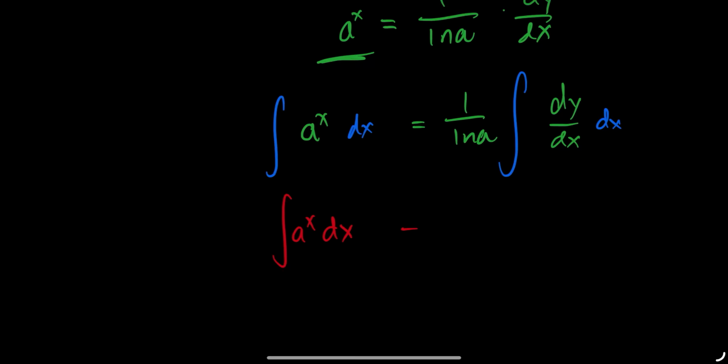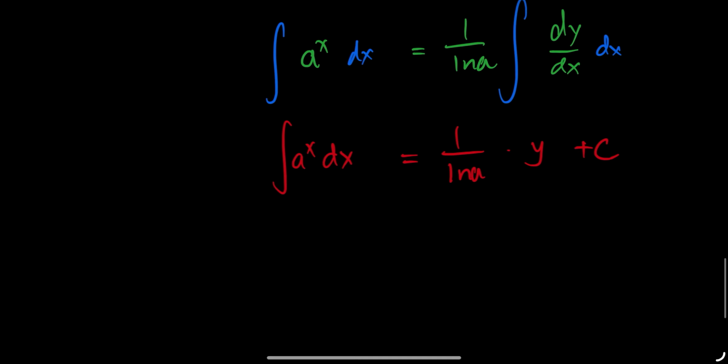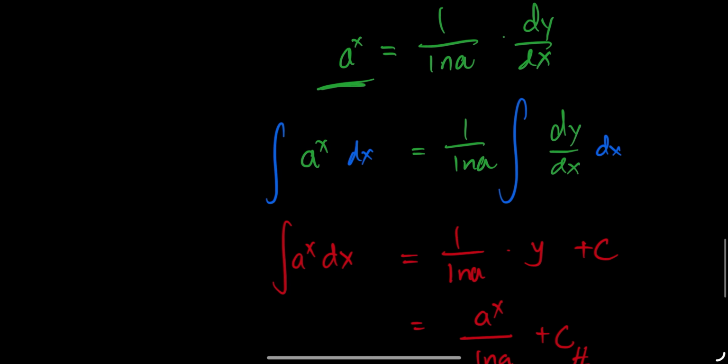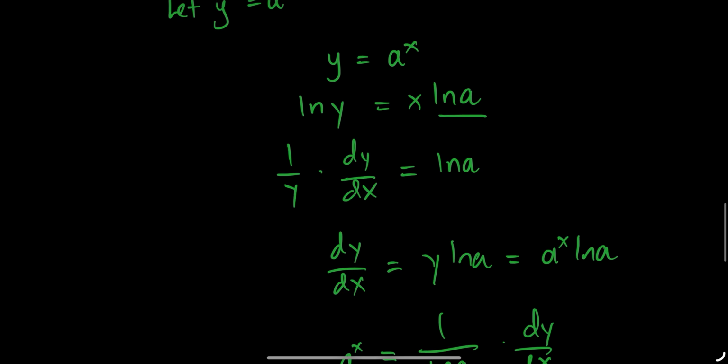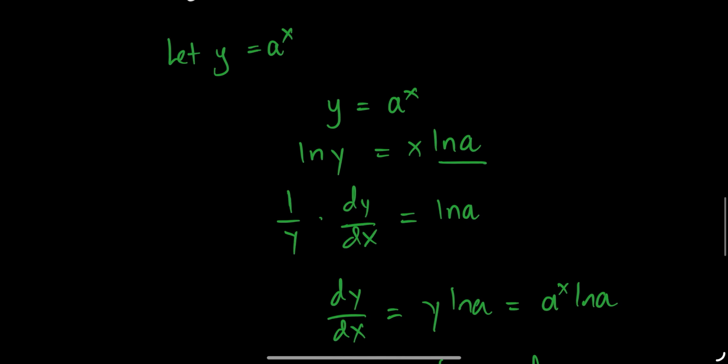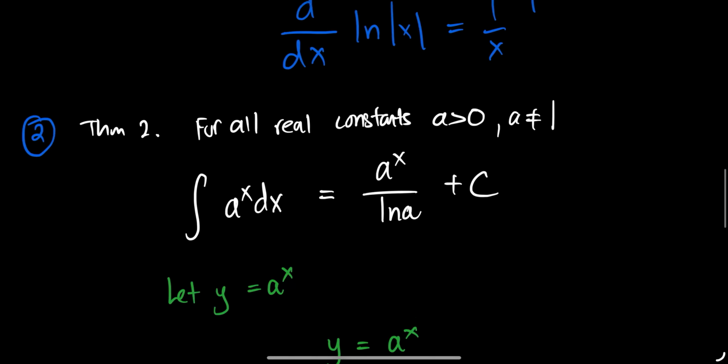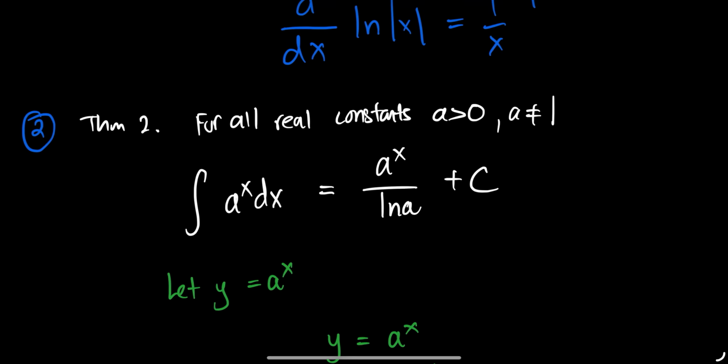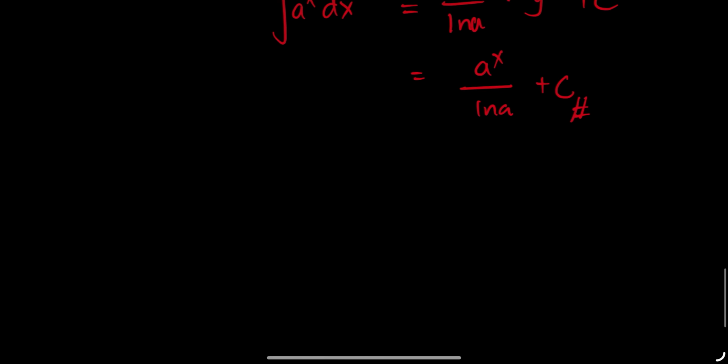We end up with 1 over ln a times y, plus c, and y is just a^x, so we get a^x over ln a plus c. We have successfully proved it. This one uses implicit differentiation, and I don't really expect you to know this, but just for you to understand, the integral of a^x dx is a^x over ln a plus c.